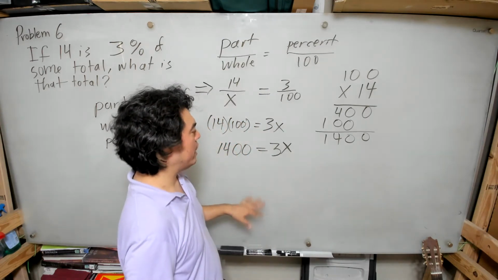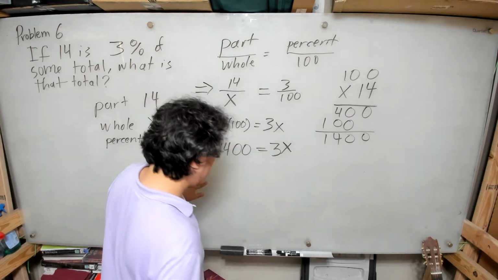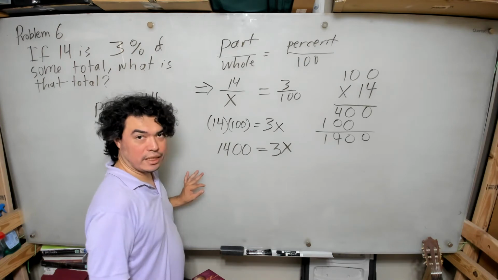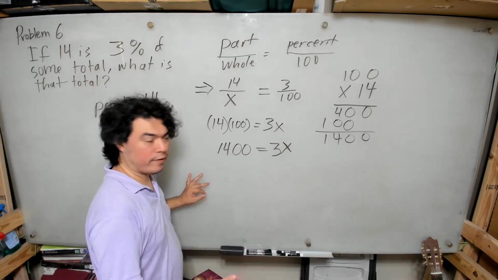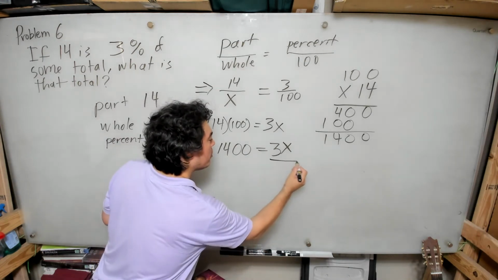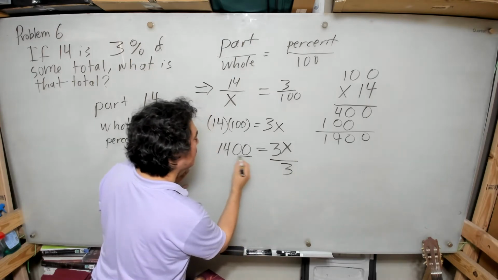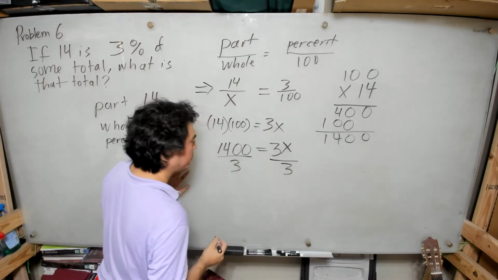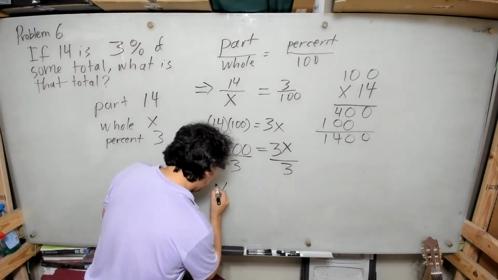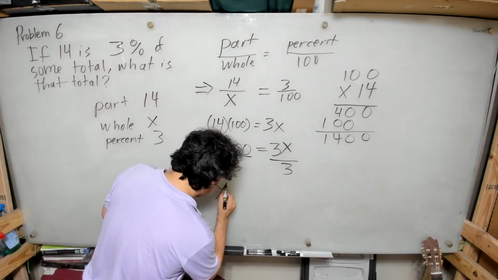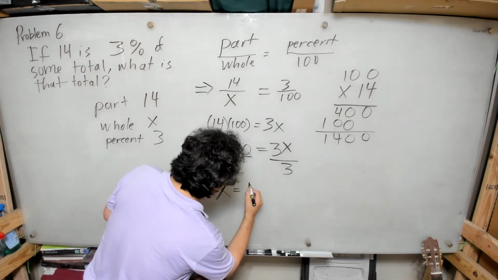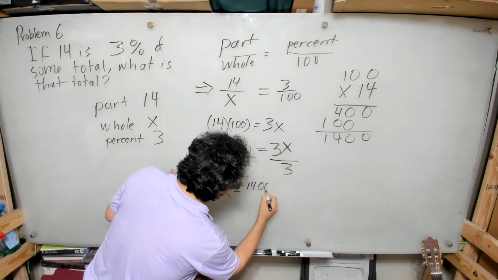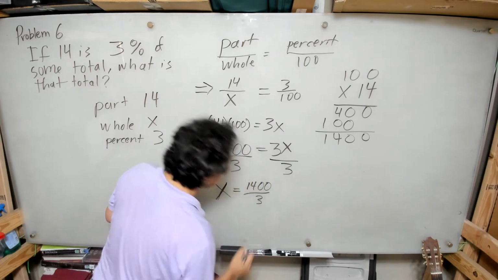And then I add this to 0, 0, 4, 1. So now the way that I'm going to solve it is I need to get the x by itself because the x is what we're looking for here. So I'm going to divide by 3. I'm going to divide by 3. And I see that my x is going to be 1400 divided by 3. Okay?